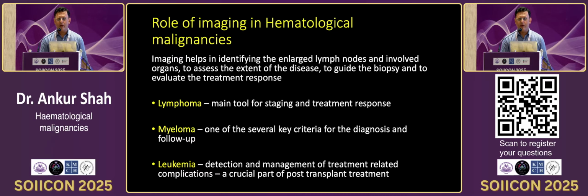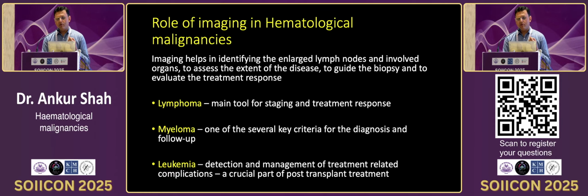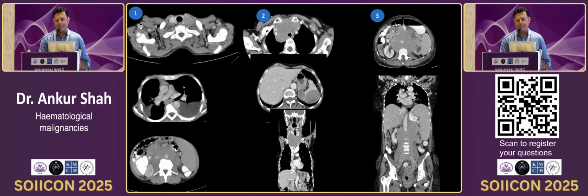For lymphoma, imaging is the main tool for staging as well as treatment response. For myeloma, it is one of the several key criteria for diagnosis as well as follow-up. But for leukemia, the primary role of imaging is a little less. It is more helpful in the detection and management of the complications which might be induced after the treatment.